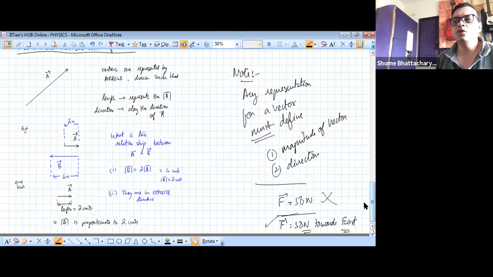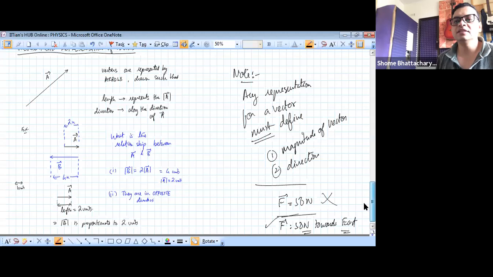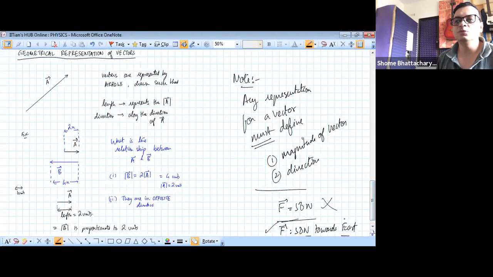So like that, what is now an easier way of representing the vector? Instead of using such big words, giving such a big statement that the direction is in such a way geographically, or the direction is vertical, or whatever like that, an easier way for us, especially to do algebra also, as we will see next, is that instead of giving words for the direction, we just represent the direction with the direction of an arrow.